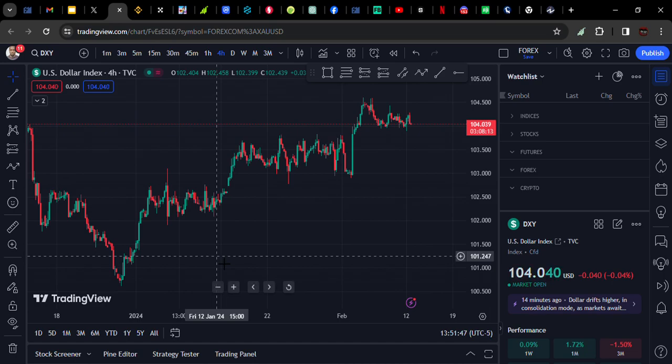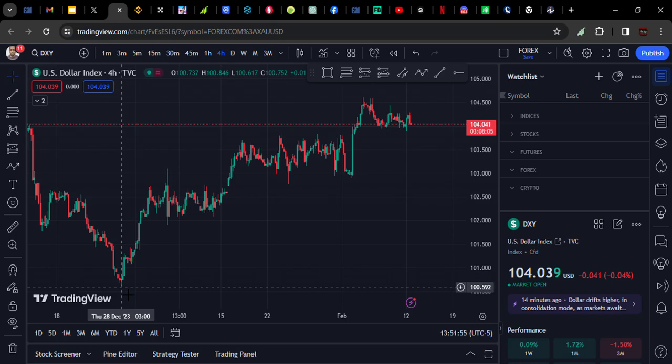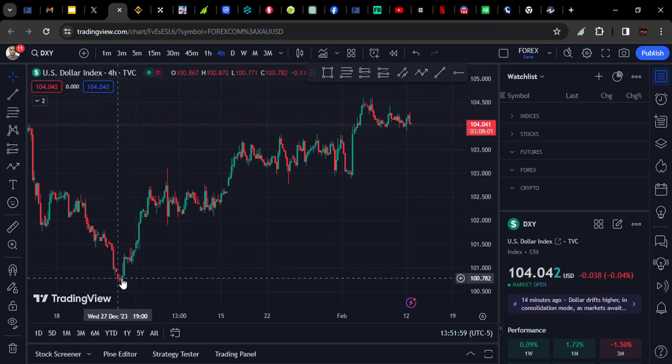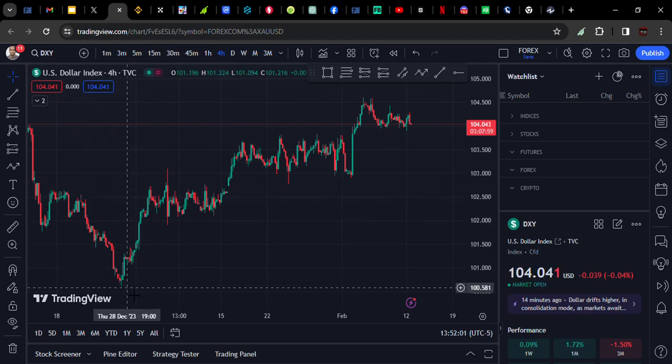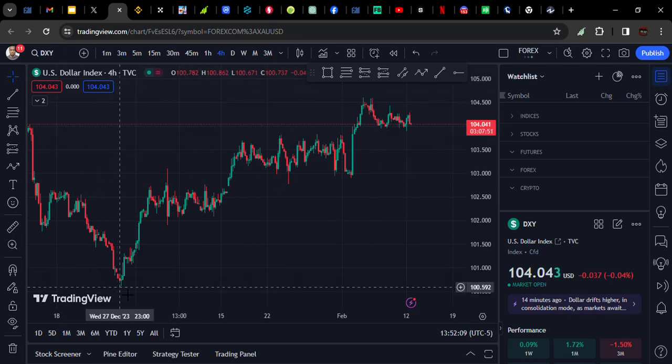So normally, as a businessman, what is the wisest thing to do? It is to buy a commodity when it's at the lowest price. Okay, so this is the US dollar now. See, like it's written here, US dollar. When it came down like this, it came to what level? Look at the price on the right hand side. It came to 100, right? This is the best place to buy as a sharp man or as a good trader.